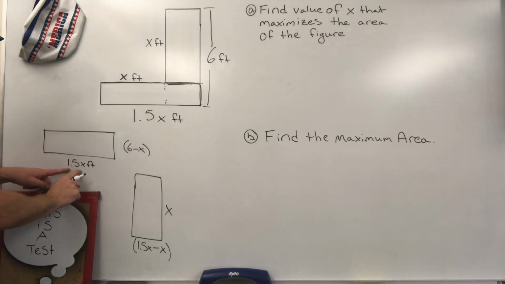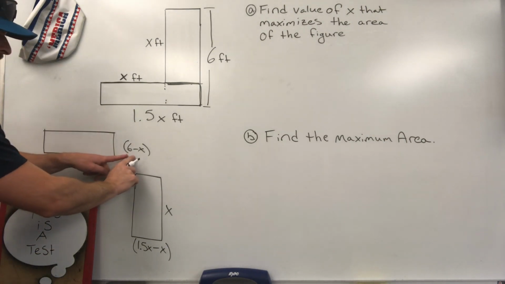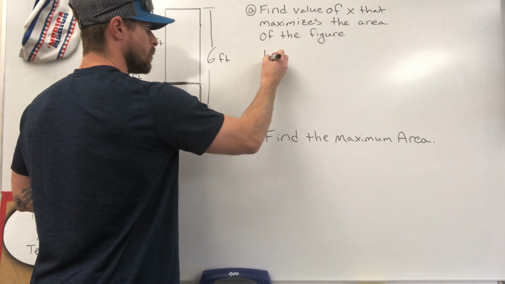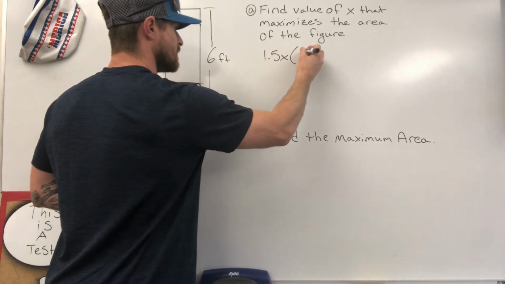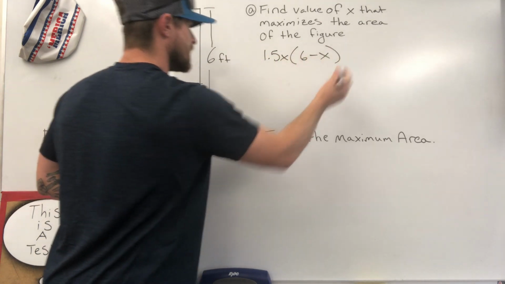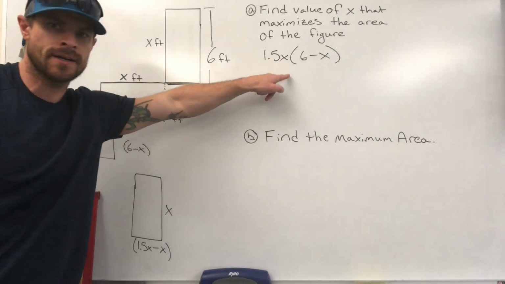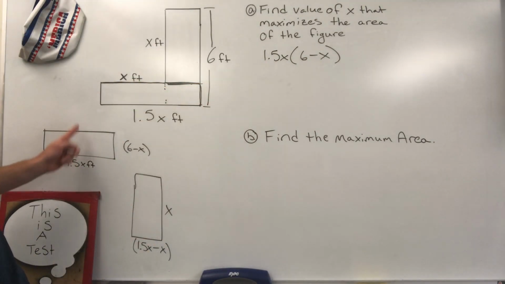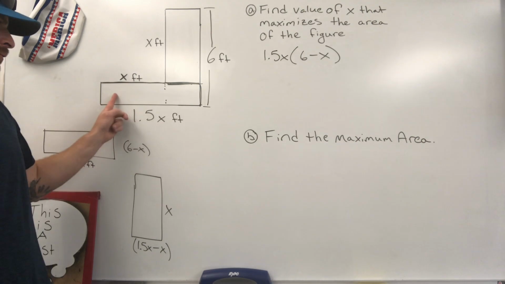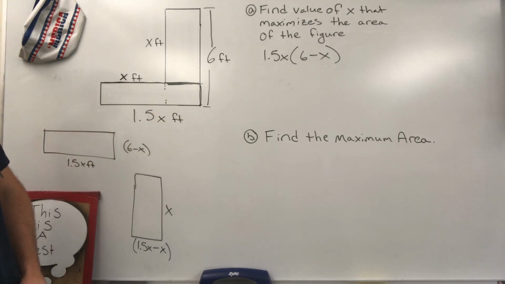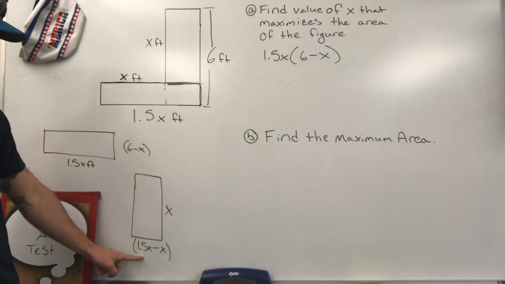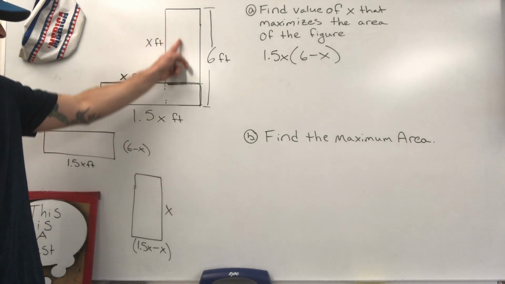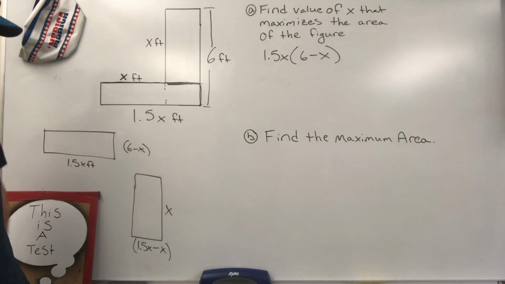So let's do that. 1.5x times 6 minus x. This is going to give us the area of the bottom rectangle that we're looking at. These two multiplied together is going to give our area of this rectangle up here.